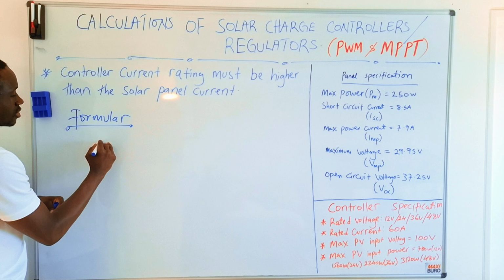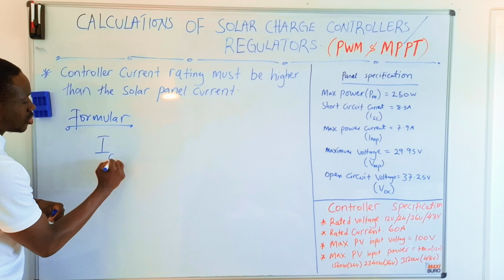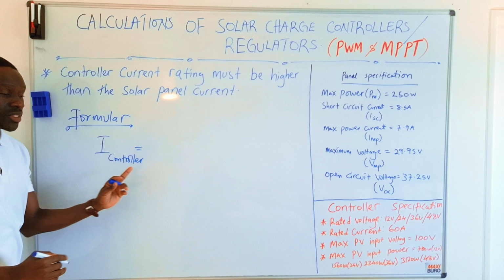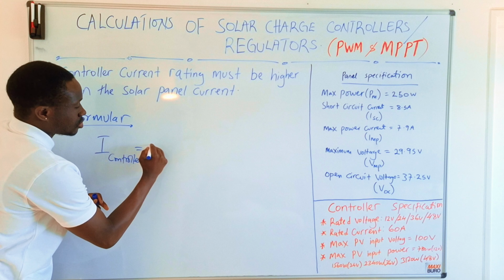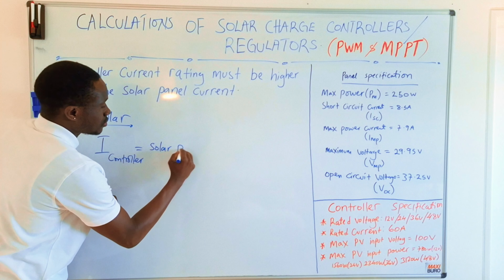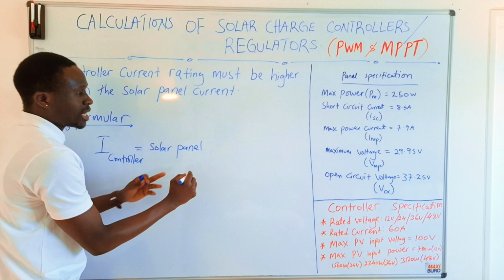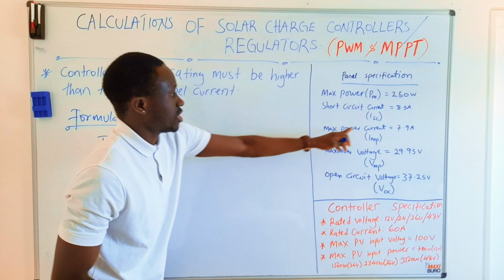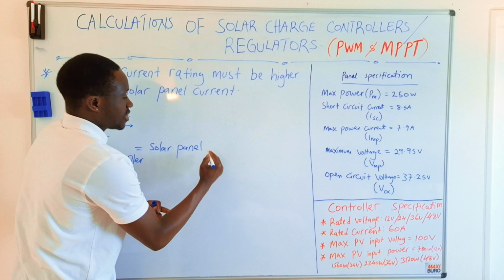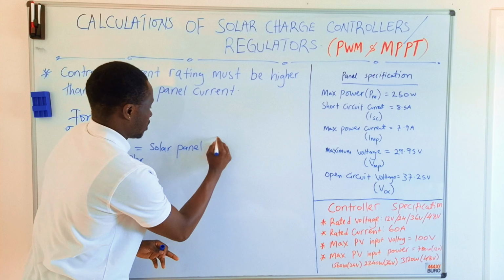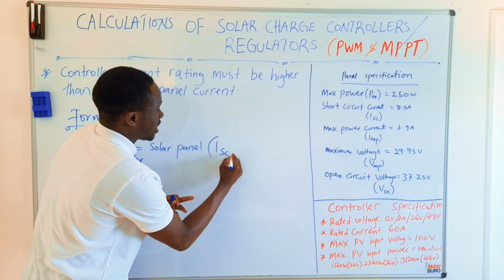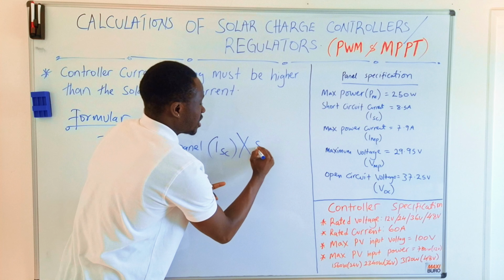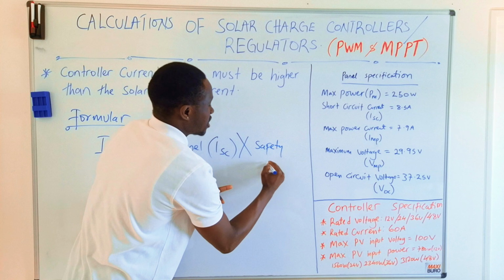Let us call this controller current equals solar panel short circuit current, whose symbol is ISC, times the safety factor.